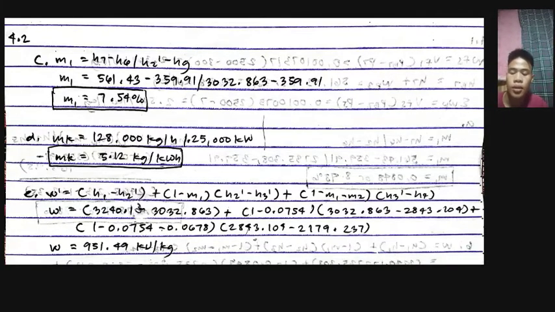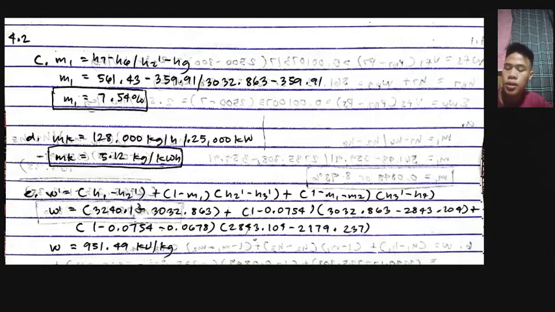Again, same process. So H sub 3 equals 2.43 times 10 to the 3 kilojoules per kilogram. Next, C. For C, M sub 1 equals (H sub 7 minus H sub 6) over (H sub 2 minus H sub 6). Substituting it, M sub 1 equals (561.43 minus 359.91) over (3032.863 minus 359.91).